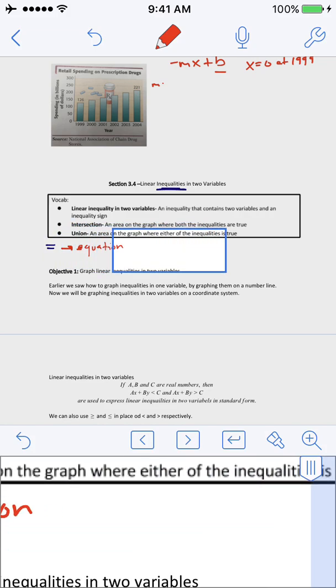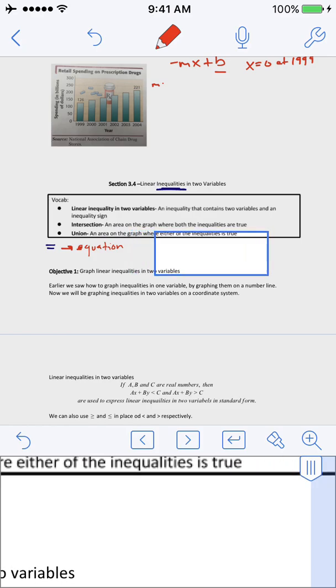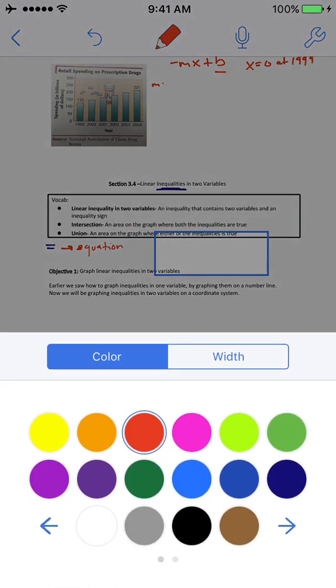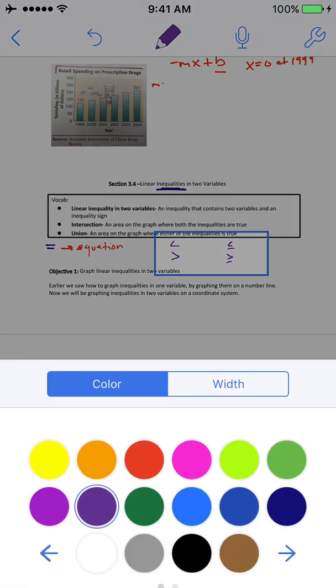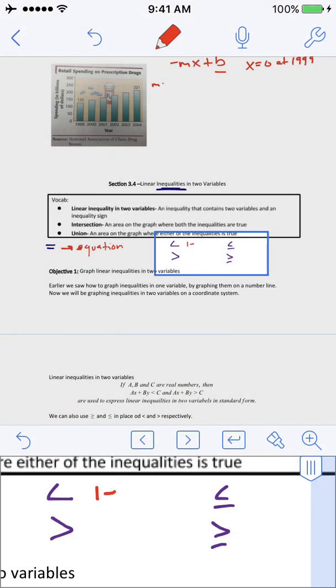Inequalities can have one of four different options. We've got less than, greater than, less than or equal to, and greater than or equal to.